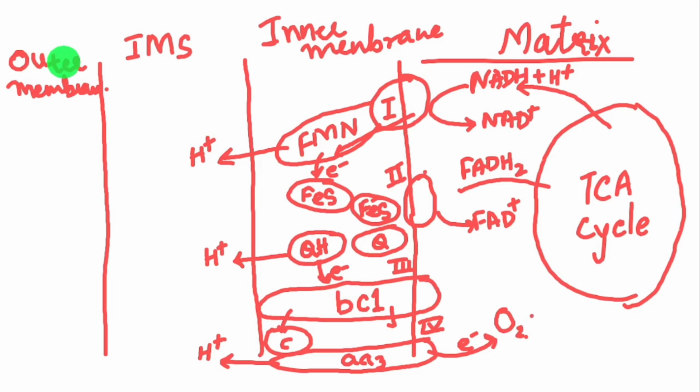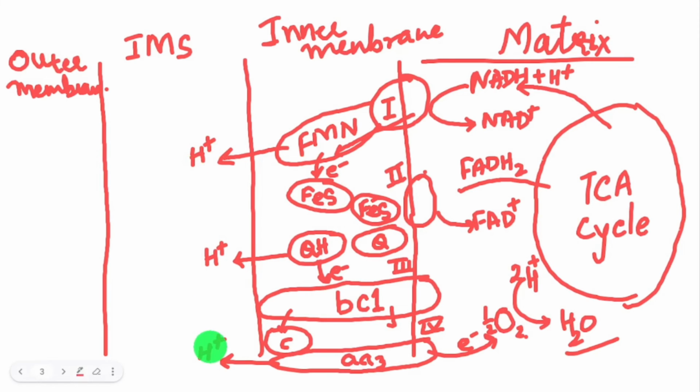And a portion of protons combine with oxygen to form H2O. So we have half O2 and 2 H plus ions. When they combine, they will form a water molecule. This is how the protons accumulate in the intermembrane space.